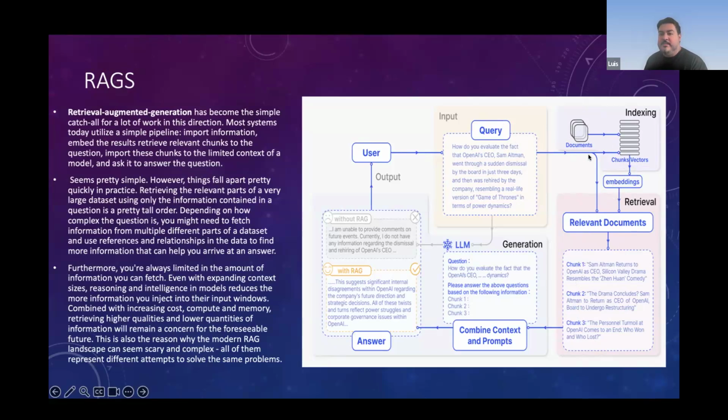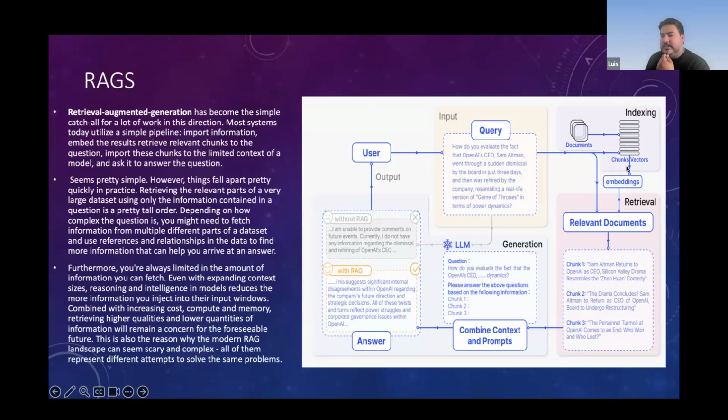So when they ask the question of how do you evaluate the fact that CEO Sam Altman went all this information, what it does is convert this into an embedding and checks the embeddings in your vector store through vector search retrieval. This retrieval could be through cosine similarities, or different types of ways to retrieve that information.